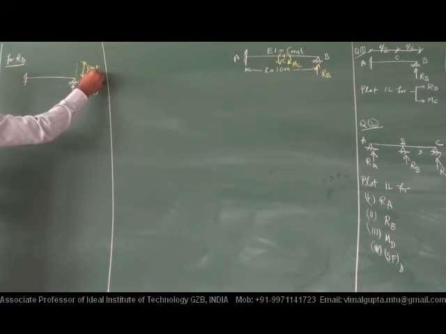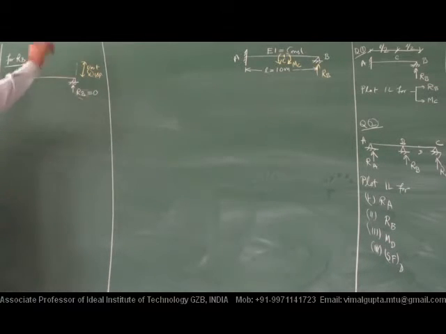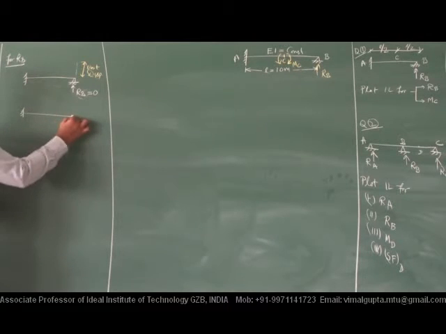Whatever is the deflected shape, that will be the IL. So after removing this, we will get this cantilever beam.